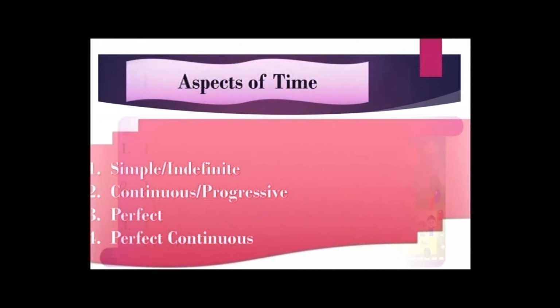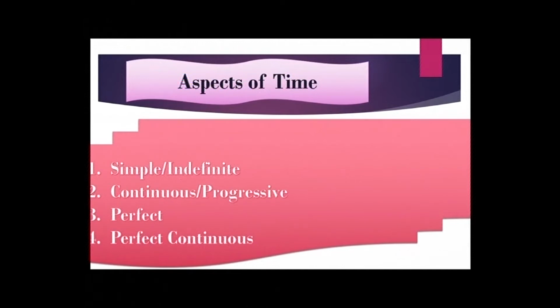Now, aspects of time. These three tenses are divided in four parts further. Those are the sub-parts of each of these three tenses. These are first, simple or indefinite; second, continuous or progressive; third, perfect; and the last one, perfect continuous.